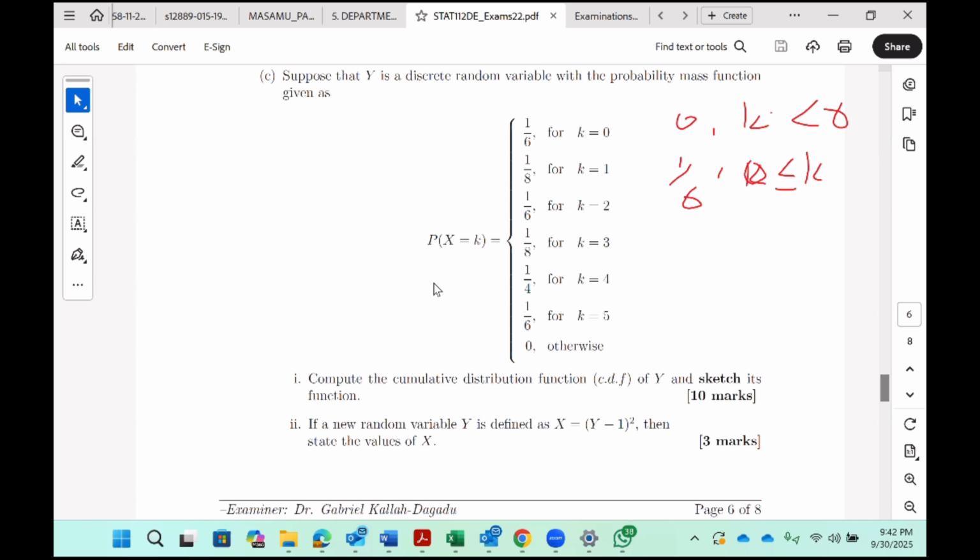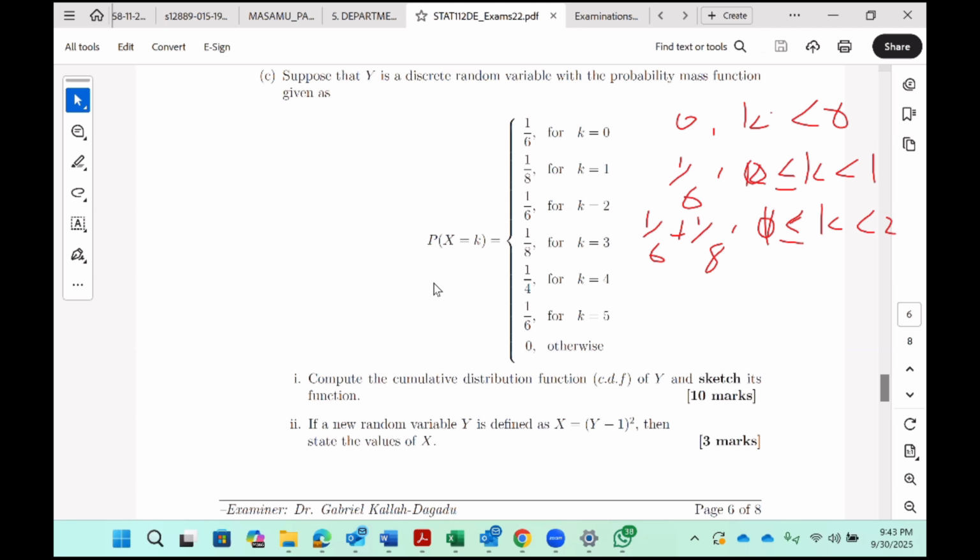Then 1 over 6 plus 1 over 8 for k greater or equal to 1 but less than 2.